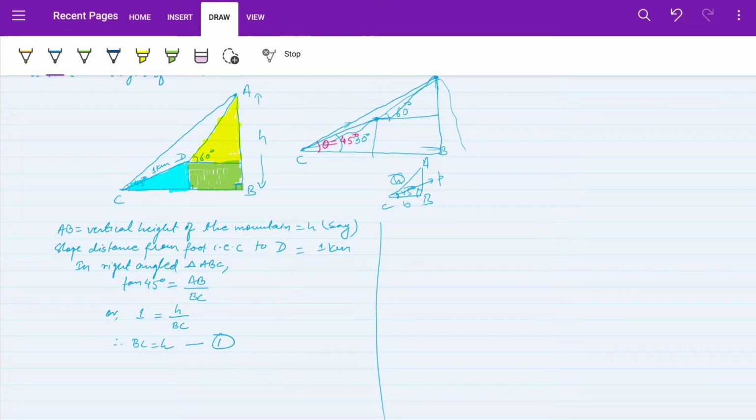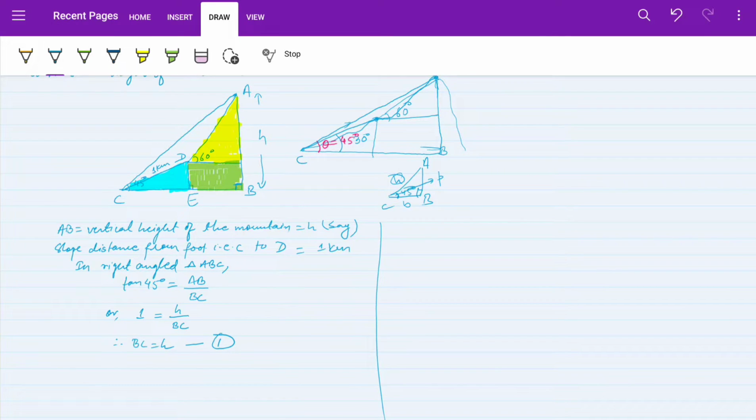Now see here, we have to find the height here. What we'll do is take the right angle triangle CDE, this light blue colored one, cyan color, better to see.